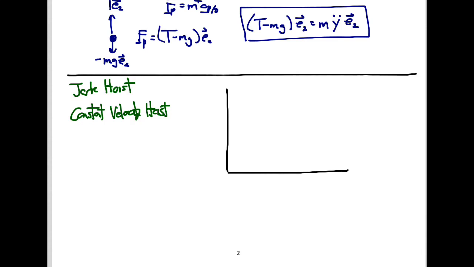So what we can do is we can say, if on this horizontal axis we're going to go from 0 to our height h, then how our force looks, which we'll put on the vertical axis, is that we want to start at a particular force, and then we want to decrease the force linearly until we get to the height. And so at the very end of the lift, we still want to be holding up our mass.